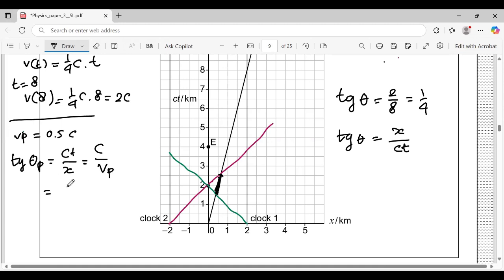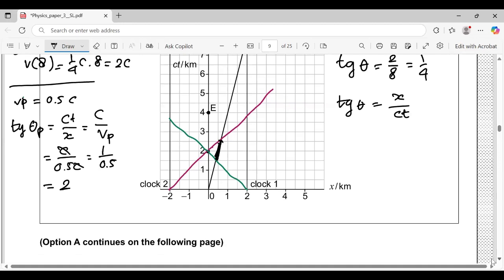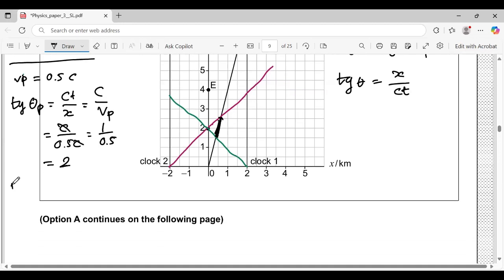It's going to be c over 0.5c, which is 1 over 0.5, or 2. So if the gradient m equals 2, x equals 2.